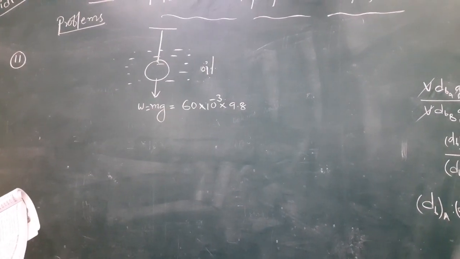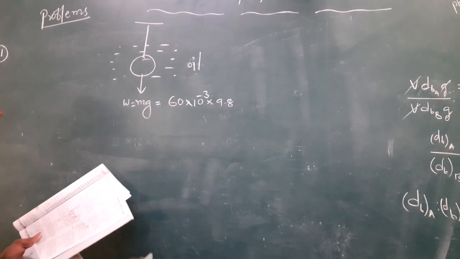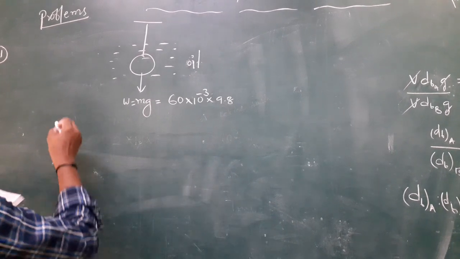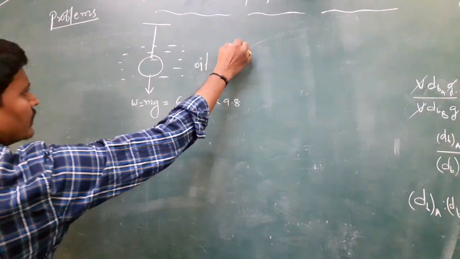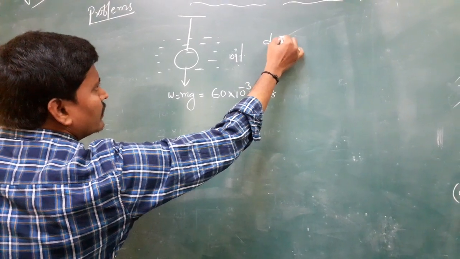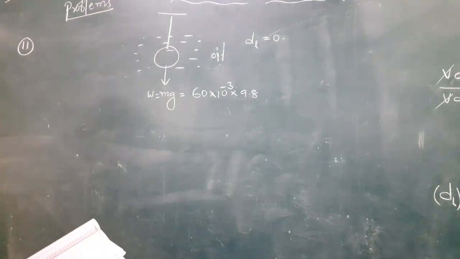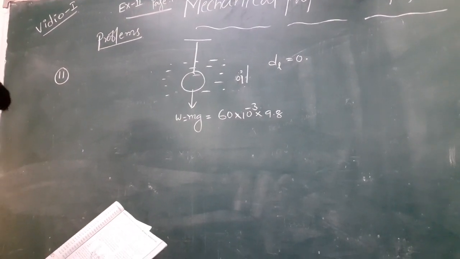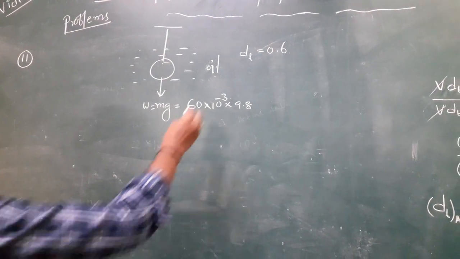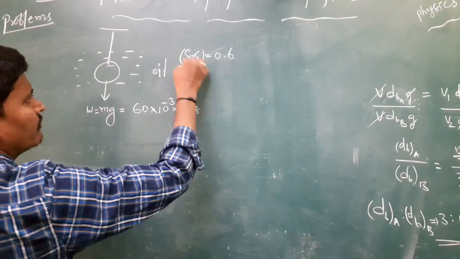Now the specific gravity of this oil is given, that is equal to 0.6. This is the specific gravity of the liquid.